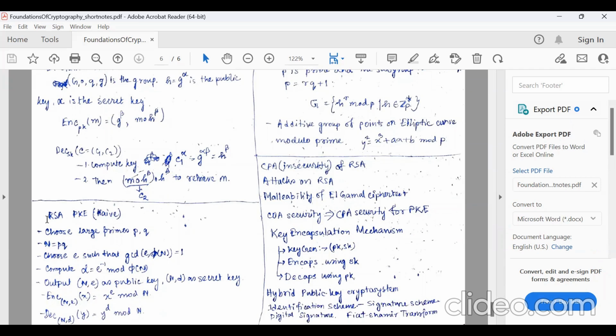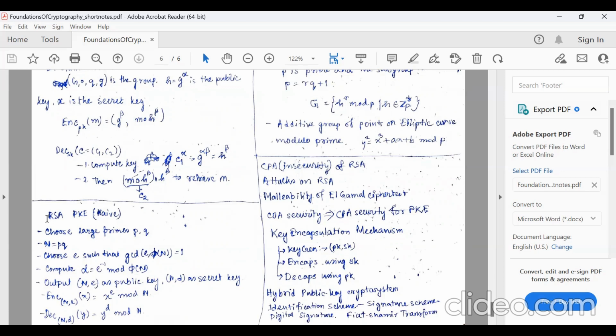There is another number theoretic assumption called the RSA assumption. So here the public key encryption works as follows. You choose two large primes P and Q of similar bit length, and then you compute capital N equal to P times Q, and then you choose E such that GCD of E and phi N is 1.